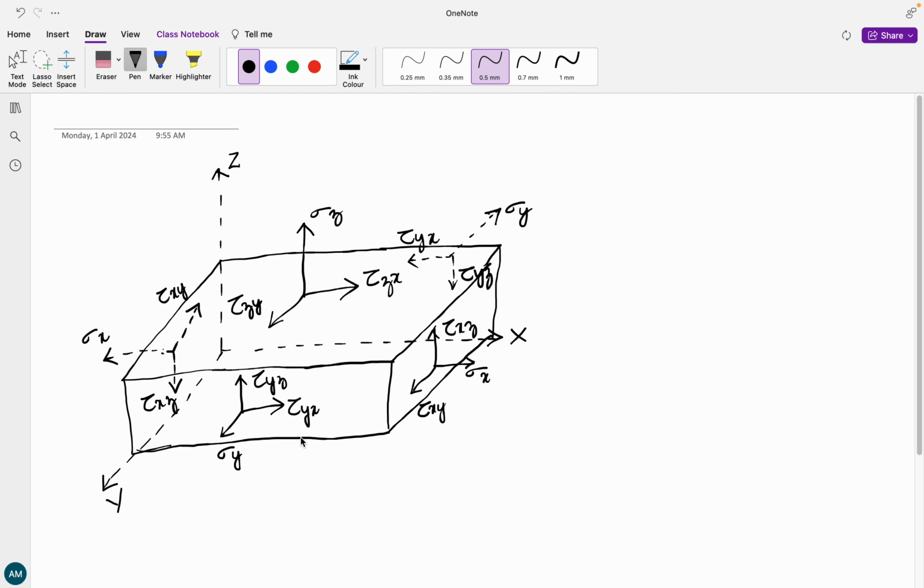Next, it is going to be the bottom face. Okay, so for this particular bottom face, on the top face it was along positive z-axis, sigma z. So now it is downwards, sigma z. Along positive y, it was tau zy. Tau yz or tau zy are one and the same.